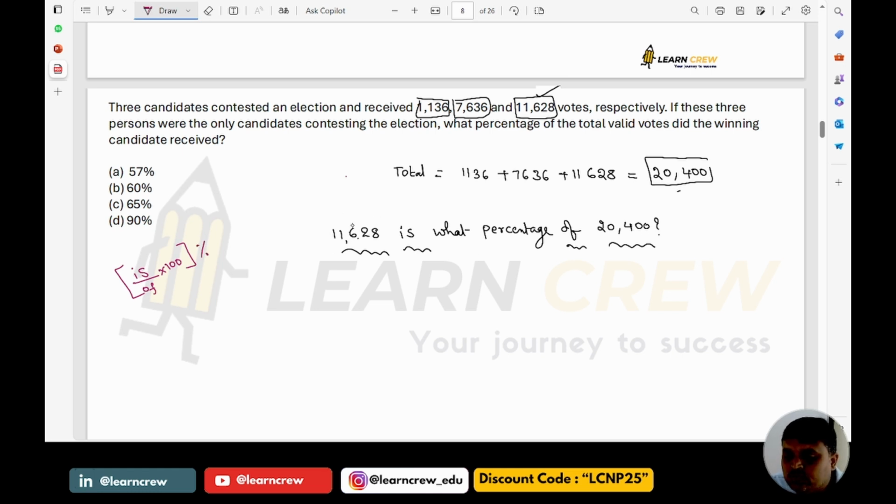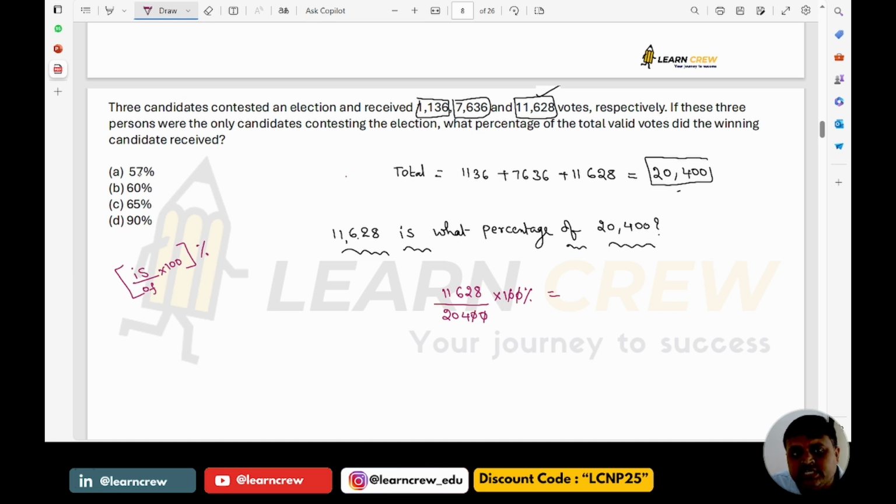One value is what percentage of another value. So of will come in the denominator, which is 20,400. Is will come in the numerator. So 11,628 into 100. Two zeros cancel, so in the denominator you have 204 and in the numerator you have 11,628.